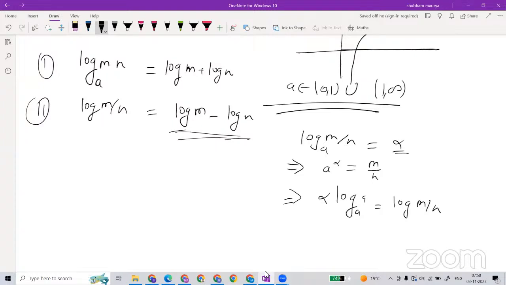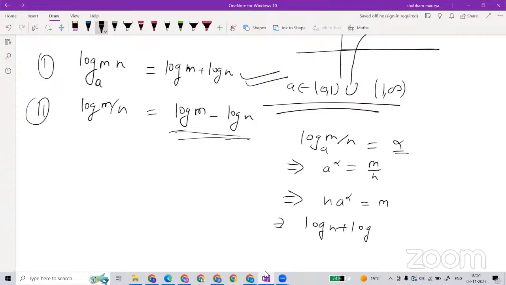If we use this formula, then we can prove it. Only whatever we know, so we can multiply here. This is n times a to the power alpha, this is m. Now if we take log here, the log will be separated. So before that, if you know this formula, then we have to prove this. Okay, let's do the proof for this one. So how can we prove it?